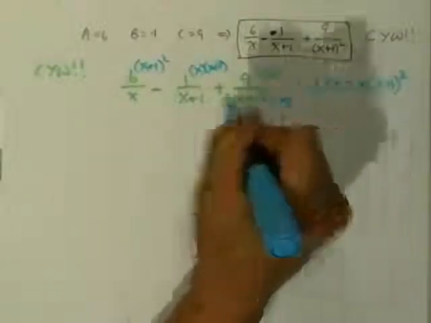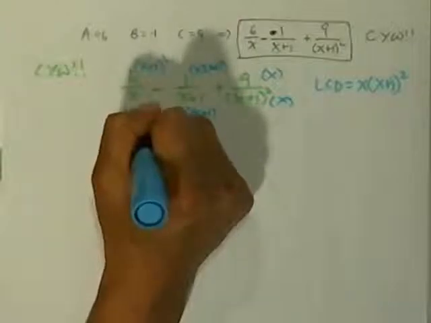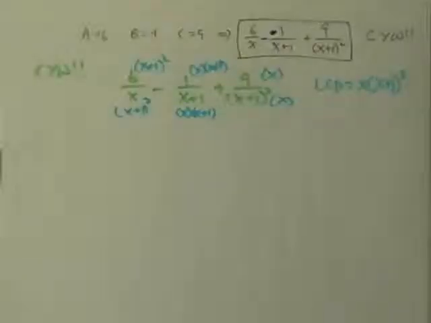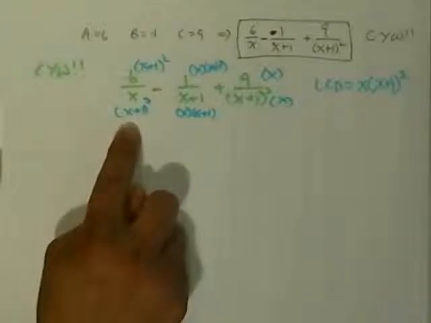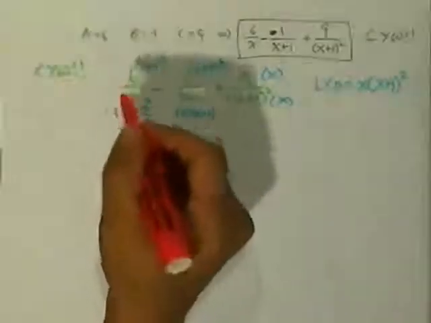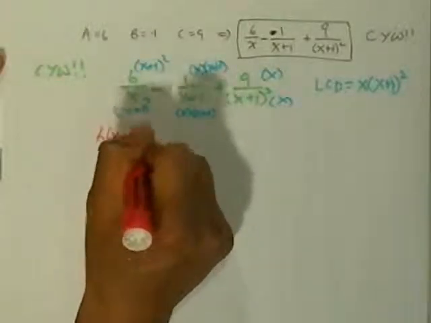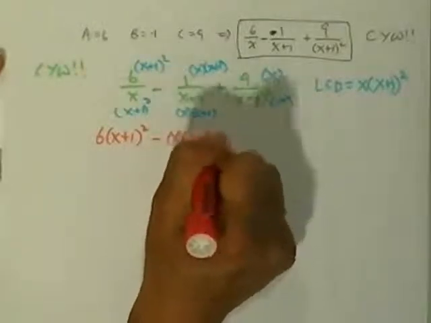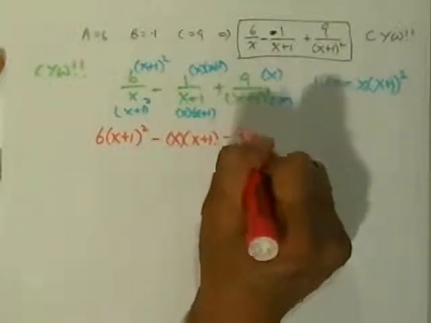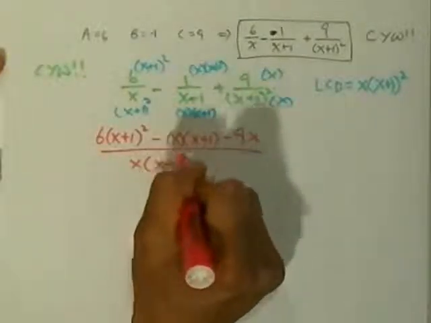I'm going to do it to the numerator and the denominator. And x times x plus 1 squared, that's the least common denominator. So on the numerator, I'm going to have 6 times x plus 1 squared minus x times x plus 1 plus 9x all over x times x plus 1 squared.